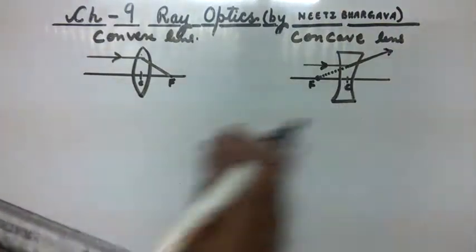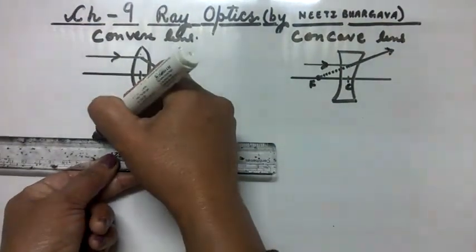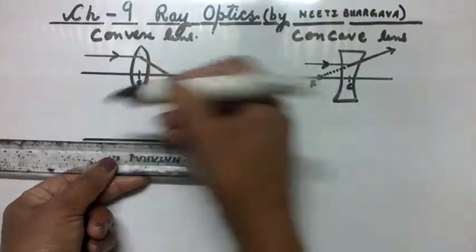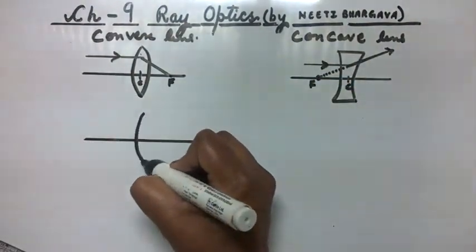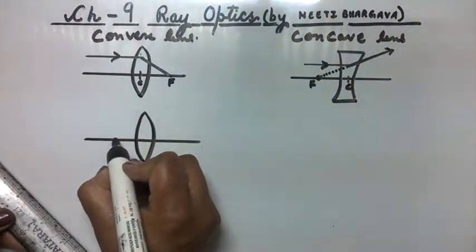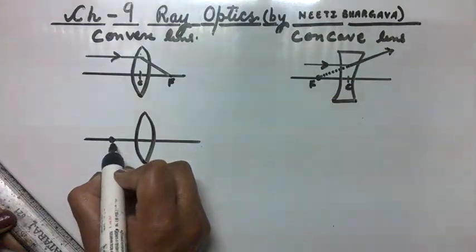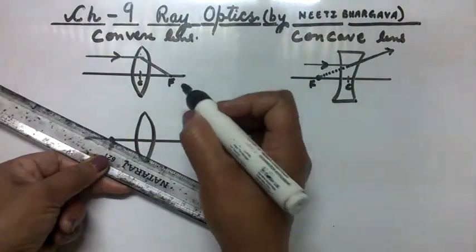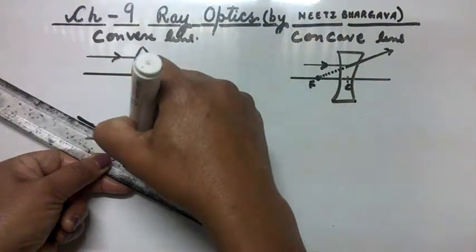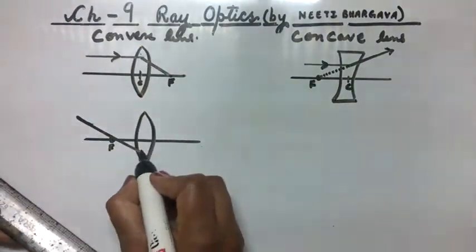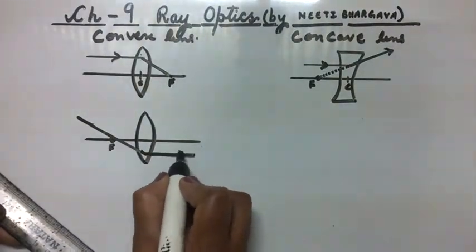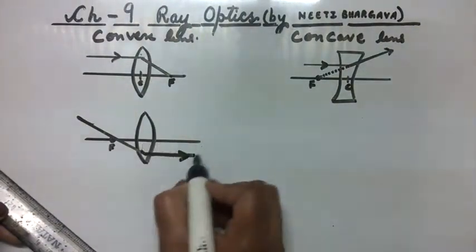And the second rule is, if the rays are coming through the focus, then after refraction, it will become parallel to the principal axis.